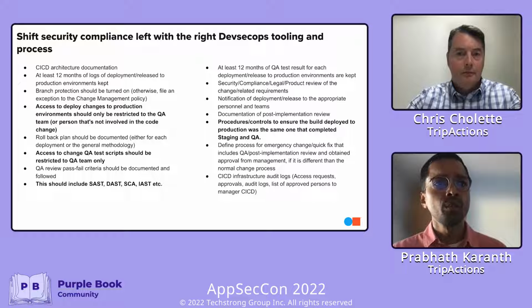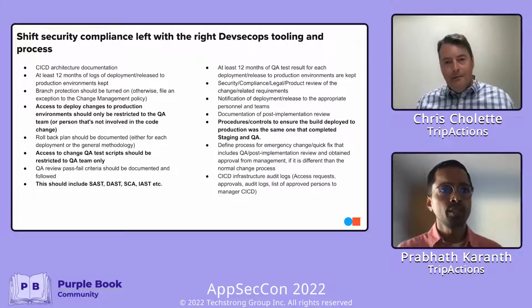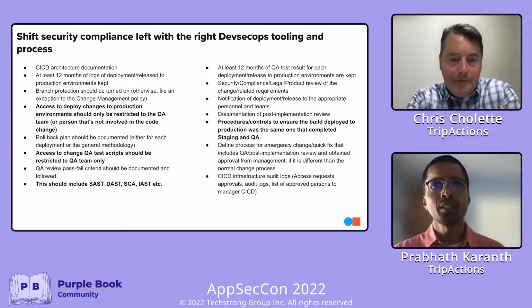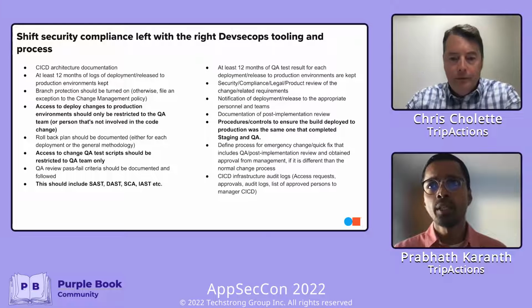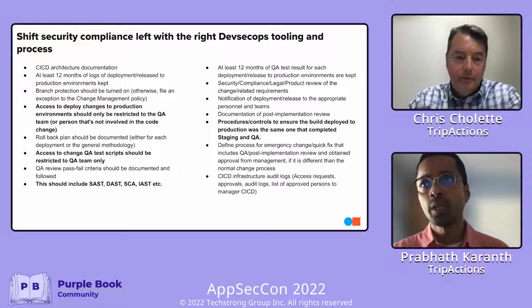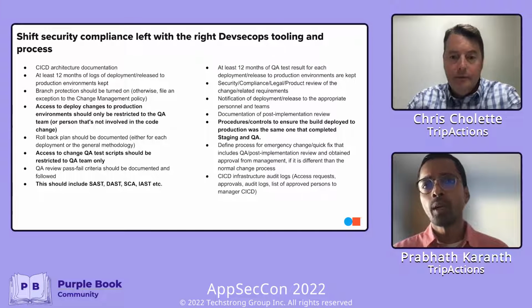And then access to change QA test script should be restricted to a defined set of teams, QA review, pass-fail criteria, and then, of course, your SAST, SCA, IaC tooling based on what is applicable and your risk appetite for your environment and your tooling stack is critical.